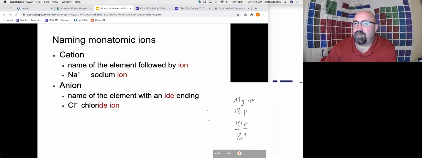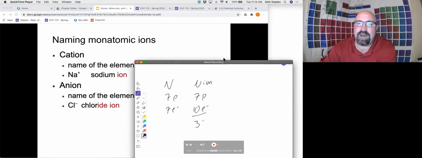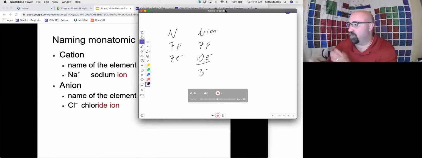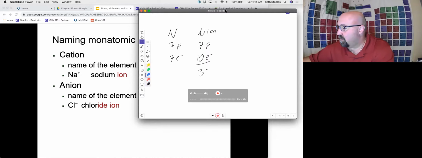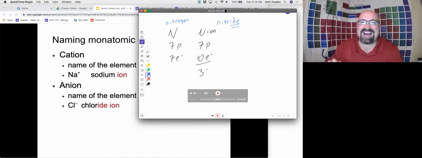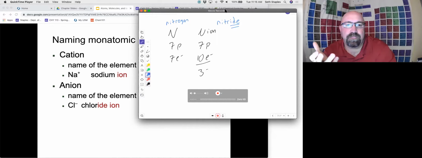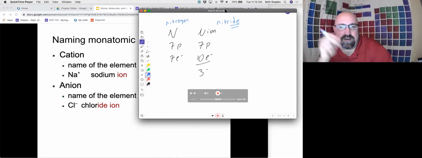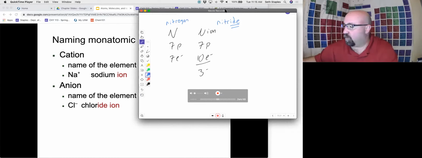If we look at really any negative ion, here's our example of nitrogen. We're going to name a nitrogen ion. Here we have a nitrogen atom over here, and over here we have a nitride ion. That tells us that it's a nitrogen with a -3 charge, and so forth.